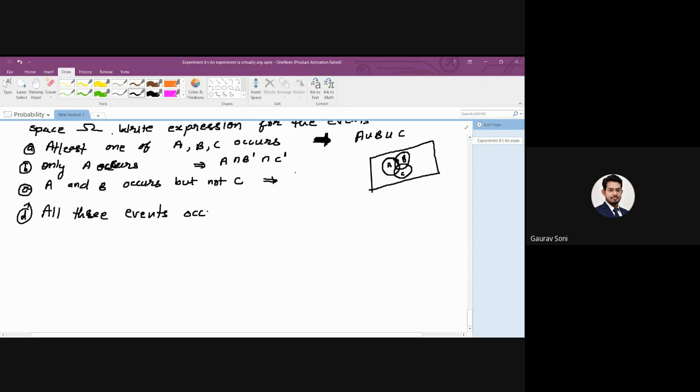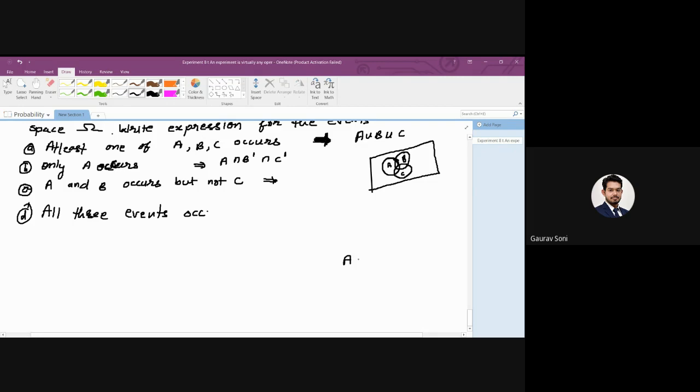Sorry, it will be intersection, not union. Why are you doing A and A again? This is commutative. A union A complement will simply become sigma. I hope you know what commutativity is.